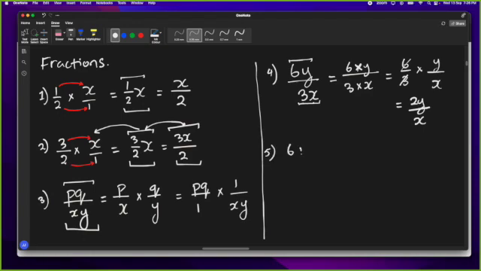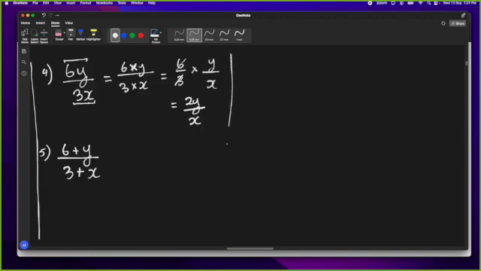But what about this one? What if I had 6 plus y all over 3 plus x? Sweet. Rules for fractions, for addition and subtraction. So check this out, and this will remain exactly how it is: 6 plus y all over 3 plus x.